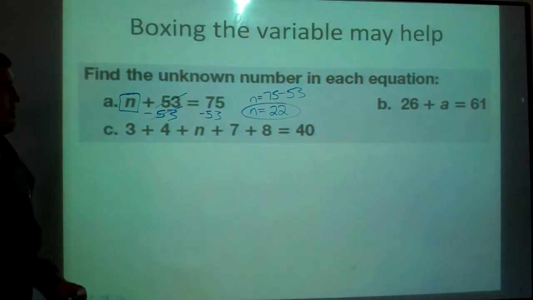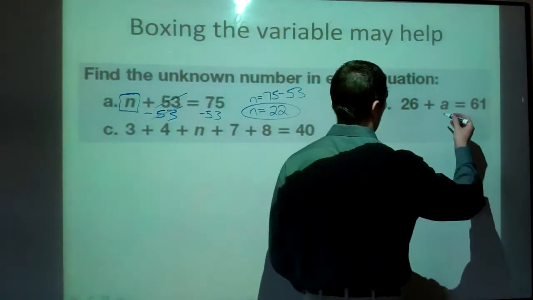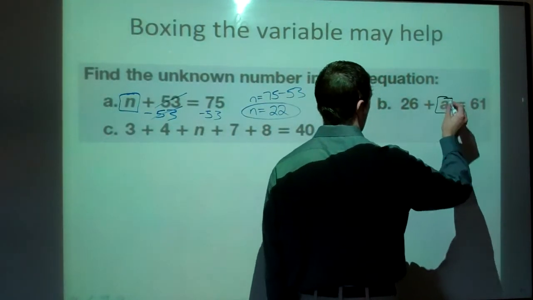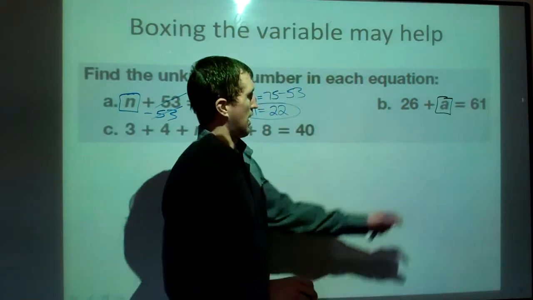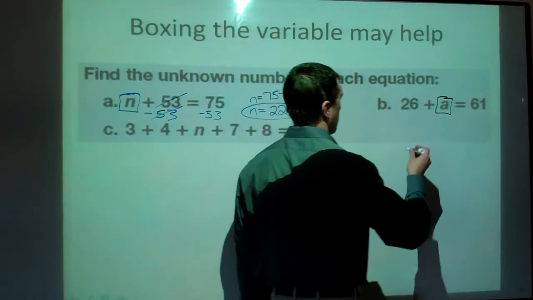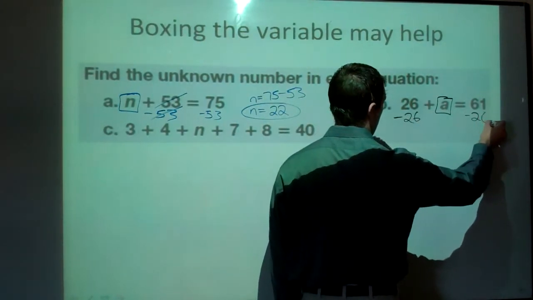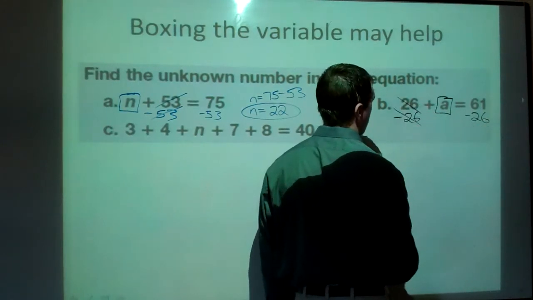Okay. If we look at B, we've got a, and it happens to be 26 plus a. So we will do the opposite. Cancel.